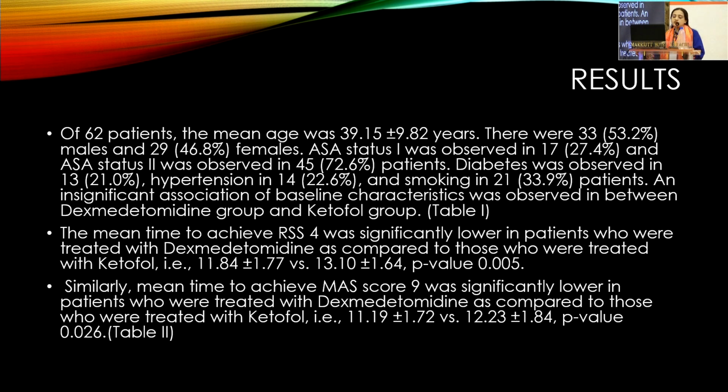The mean time to achieve Ramsay sedation score of 4 was significantly lower in patients treated with dexmedetomidine as compared to those treated with ketofol. Similarly, mean time to achieve Aldrete score of 9 was significantly lower in patients treated with dexmedetomidine.